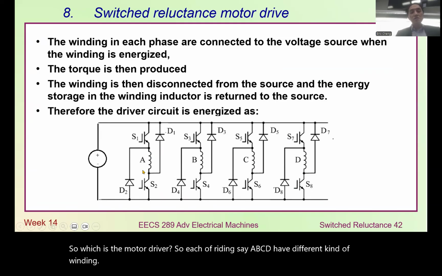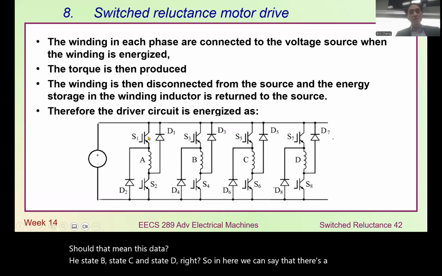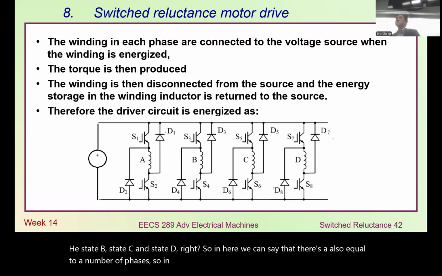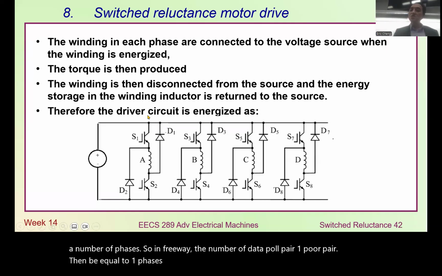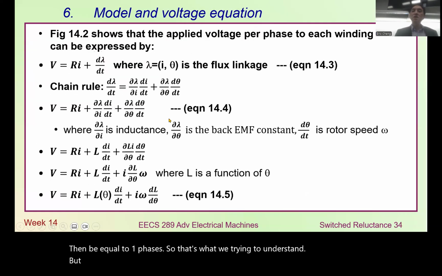So this is stator A, stator B, stator C, and stator D, right? In here, we can say that this is also equal to the number of phases. So in theory, one stator pole pair equals one phase. So that's what we are trying to understand. However, the definition will be more complicated than that.